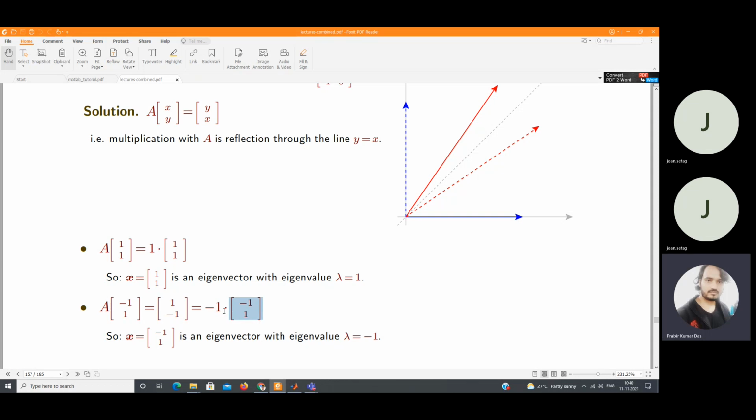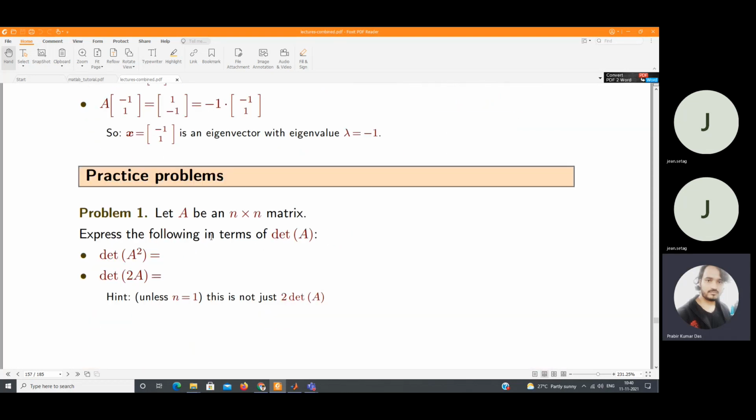So these two vectors, -1, 1 and this, the eigenvector for the corresponding eigenvalue -1. This is the real vector and this is the eigenvector for this A. Okay, that is the geometrical significance. We are not going into much detail about it.